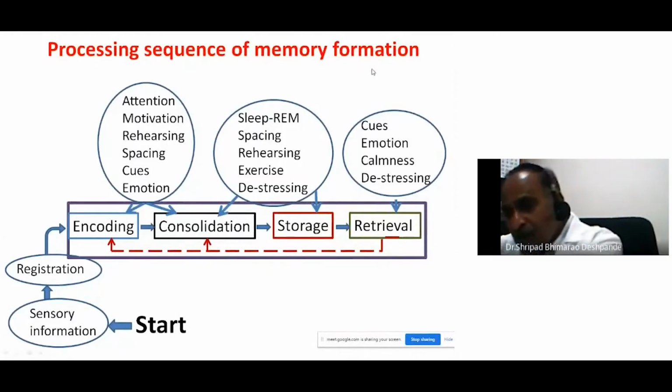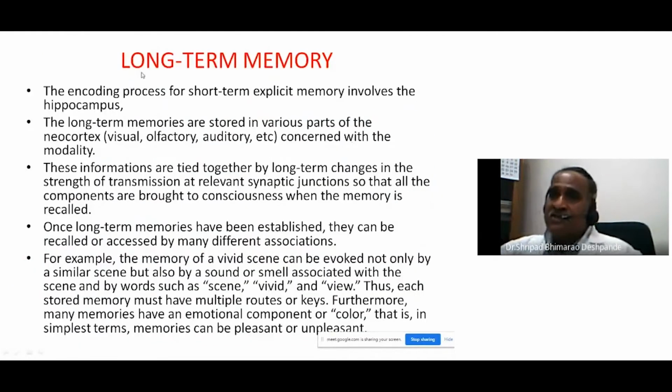Okay, so now move on to this. The long-term memory. I just want to mention here, the encoding process for short-term explicit memory involves the hippocampus. I have already mentioned it. The memories are stored in various parts of the neocortex. I have already mentioned those parts: visual, auditory, olfactory, somatosensory areas.